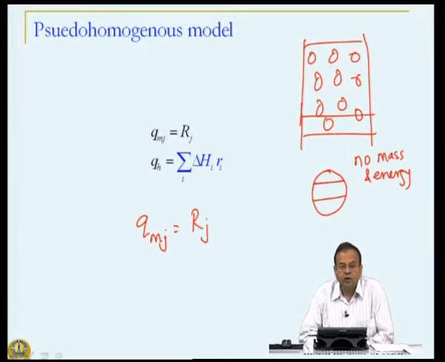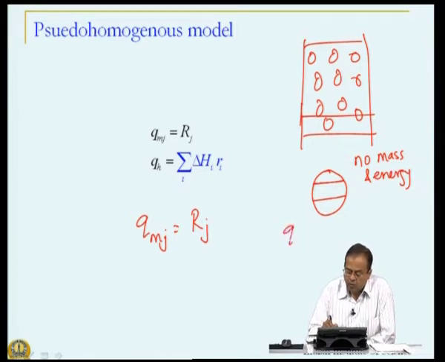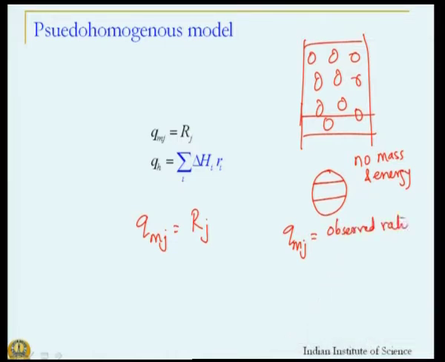right. This is equivalent to saying, from our earlier notation, QMJ is nothing but the observed rate, and if there are no mass and energy transport limitations, this is nothing but the kinetic rate. Therefore, QMJ is my rate of reaction Rj, and QH, again taking the same analogy, is nothing but summation of delta Hi Ri.